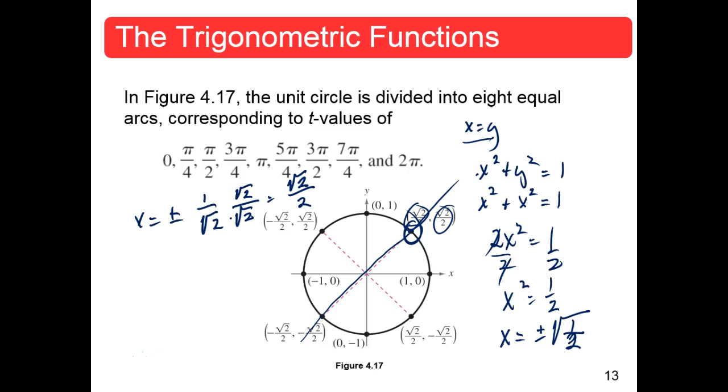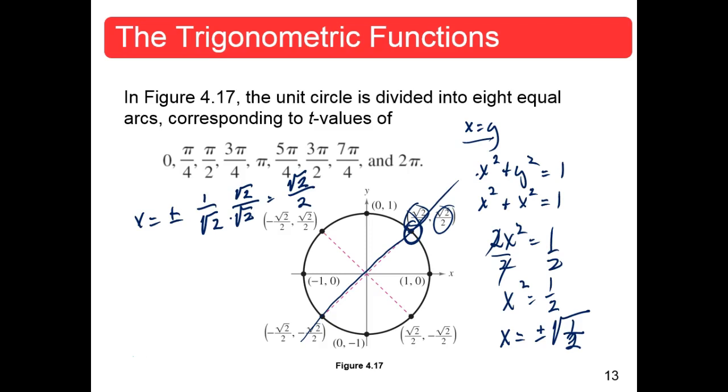Any one time t is equal to pi fourths. Okay? Or 3/4 pi, or 5/4 pi, or 7/4 pi. Those are those points there. Okay. Make sense? So these aren't magic. They're not just something someone made up. You can derive these if you want to. Get to know them.